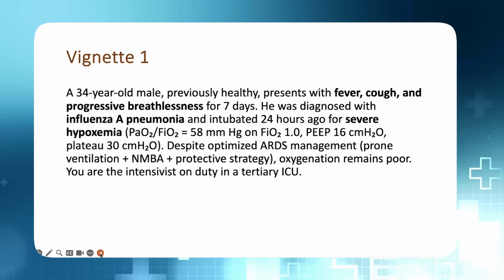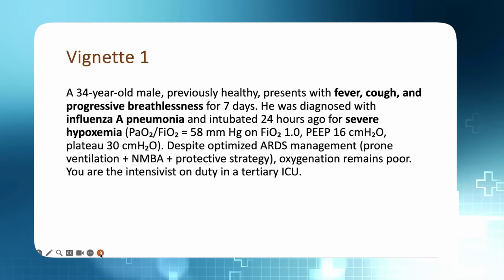So this is your case: a 34-year-old male, previously healthy, presented with fever, cough, progressive breathlessness for 7 days. He was diagnosed with influenza A pneumonia and intubated 24 hours ago with severe hypoxemia, PO2 FiO2 ratio 58 mmHg, FiO2 is 1 and PEEP is 16. Plateau is 30 mmH2O despite optimized ARDS management.